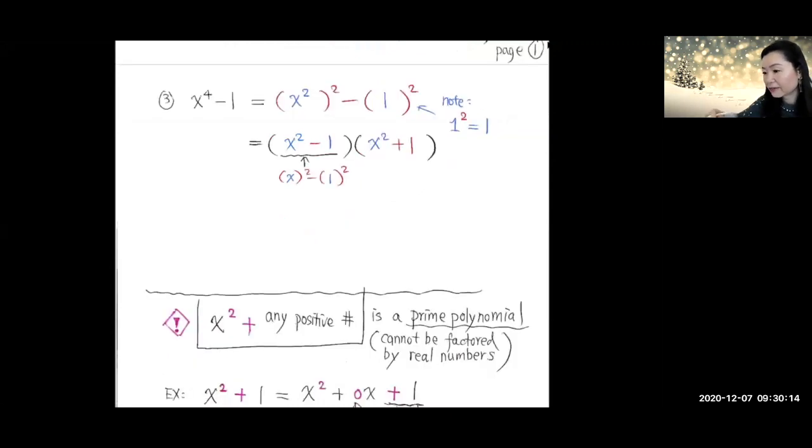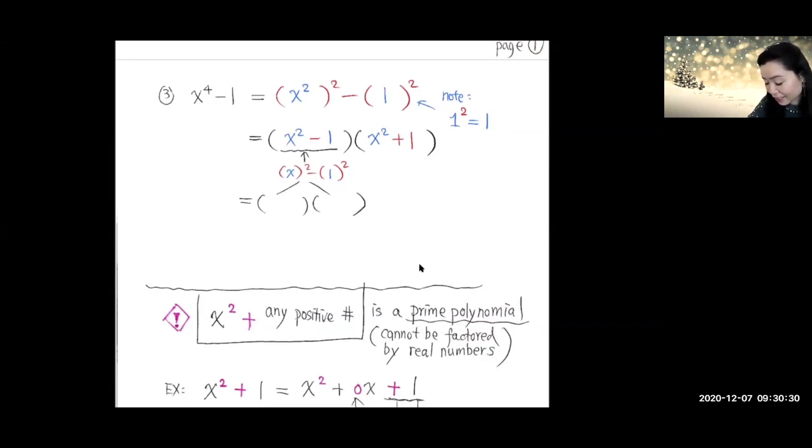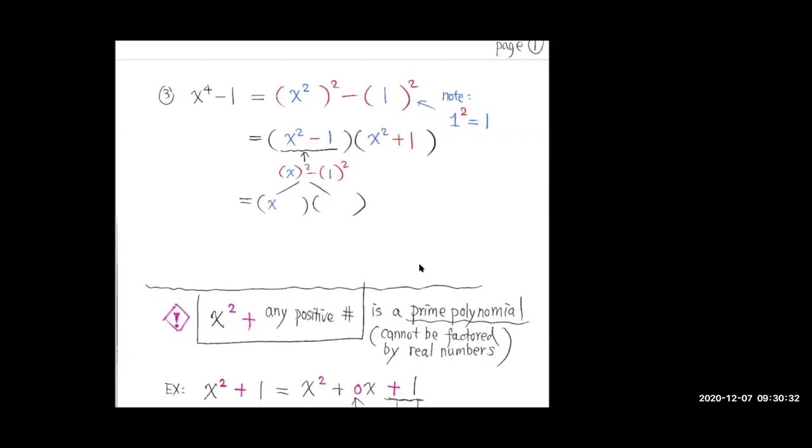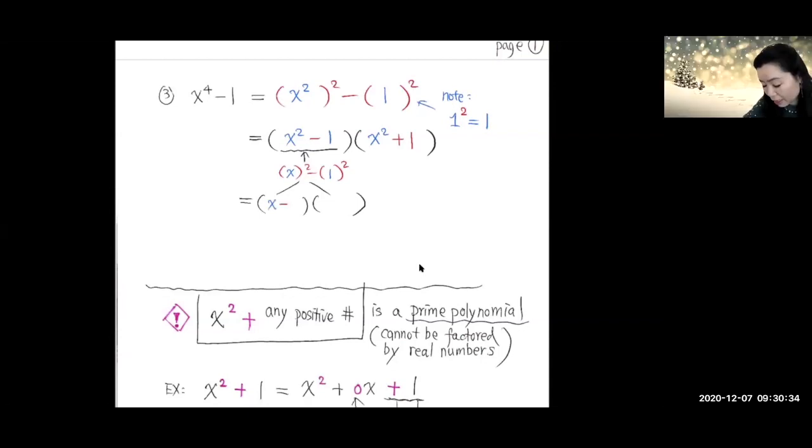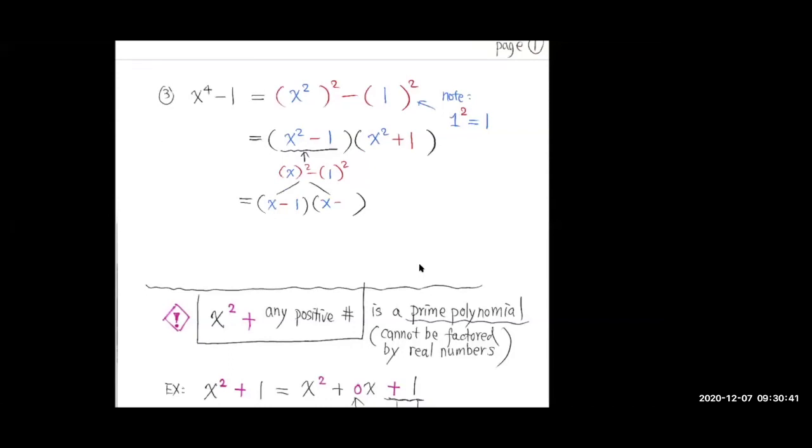So again, it's a difference of two squares, so we will continue to factor. And what does it become? What are the two factors? x minus 1, yes, good job, times x plus 1. Yes, we got it.